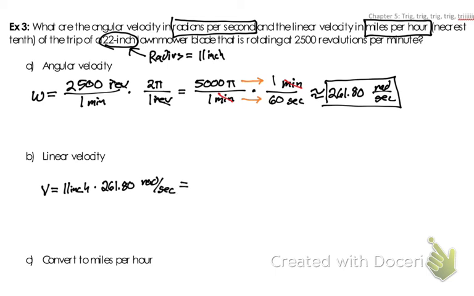Which is going to ultimately give us 2,879.8. Is it 80, or what would it be to the hundredths? It'd be 7.9. Okay, I'm going to leave it in hundredths since I did the other one. Inches per second. Thank you very much.